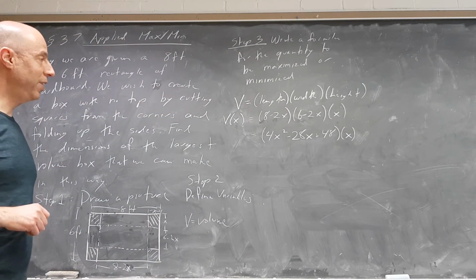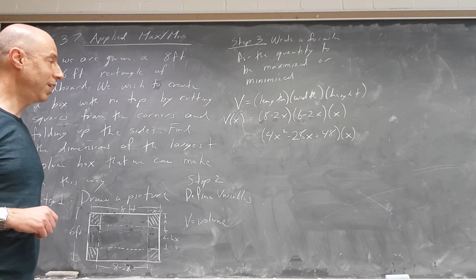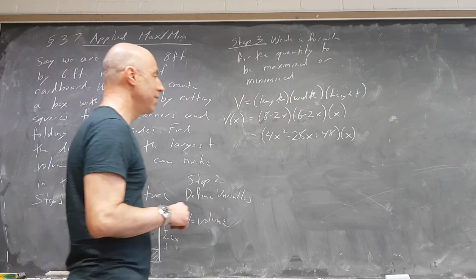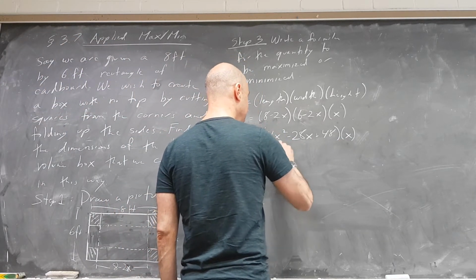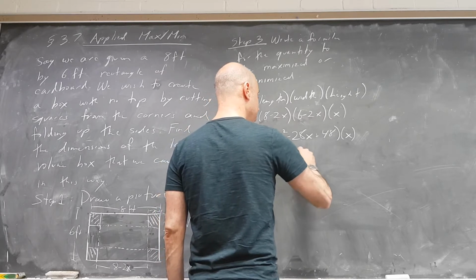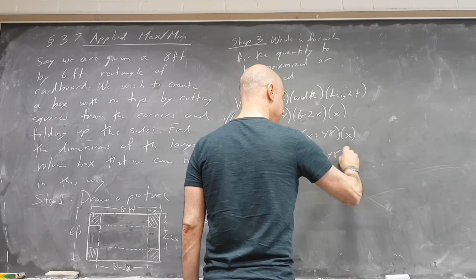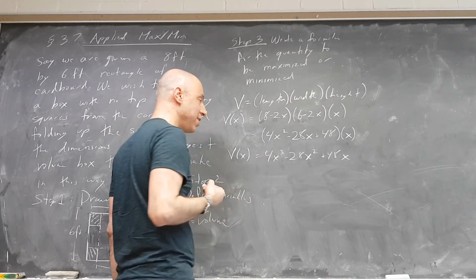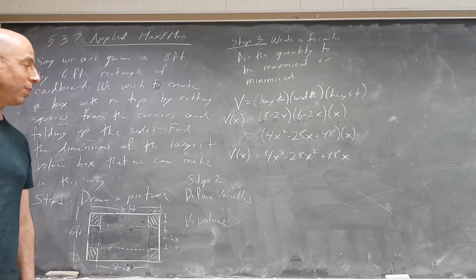Sure wish you guys were here to help me catch mistakes. 16, 12, that looks right. And then we multiply the x in. We have 4x cubed minus 28x squared plus 48x. So that's my V of x. I'm just going to rewrite that over here. That's the thing I'm trying to make as big as possible or as small as possible.